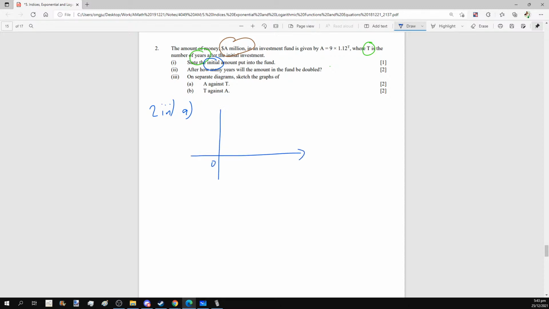As a reminder, if I say A against T, that means that the first person A is Y, the second person T is X. Right, so it is as easy as it gets. It will be your classic exponential. Make sure to label the intercept, which will actually be the initial amount of money inside the fund, 9. Well, 9 million rather.